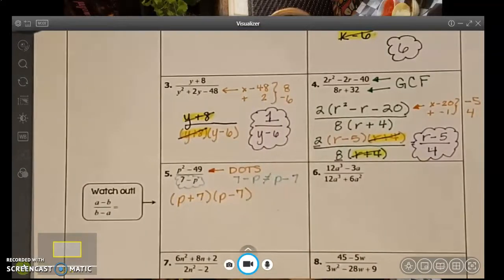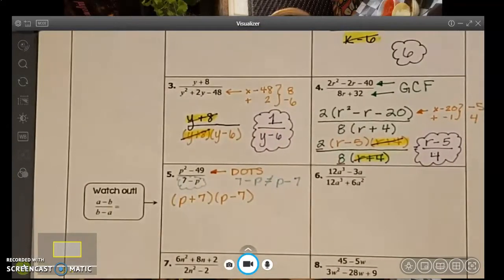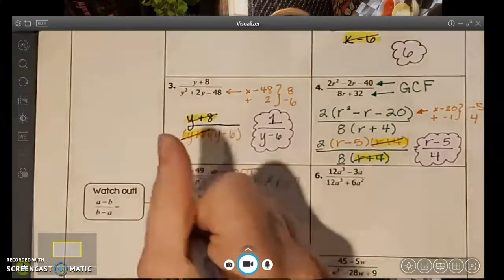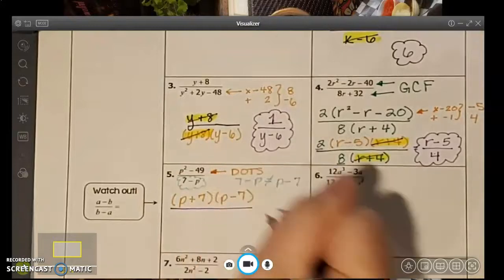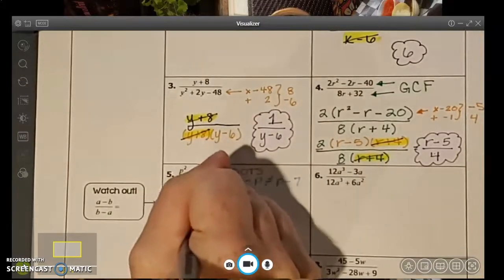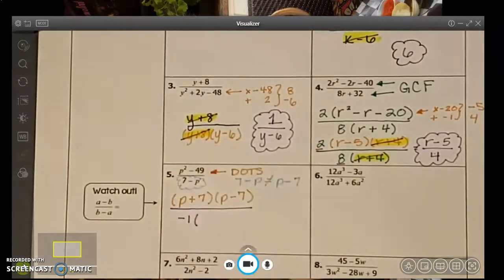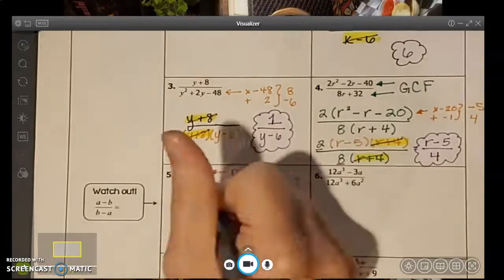But what we can do is factor out a -1 from there, and then we can reverse the order. If we factor out a -1, that will become p minus 7.